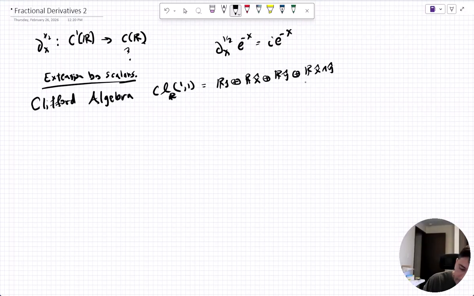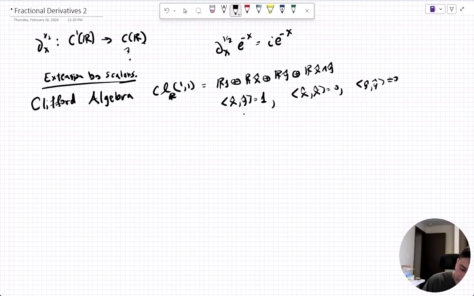The inner product of x and y is equal to 0, no, it's equal to 1 actually. And the inner product of x and x is equal to 0, and the inner product of y and y is equal to 0.